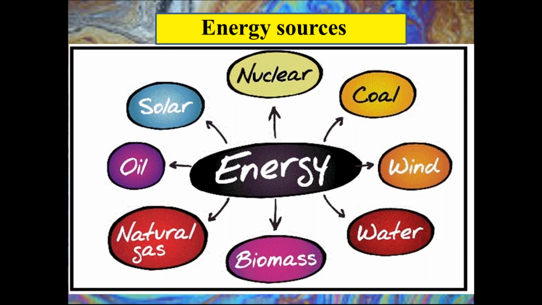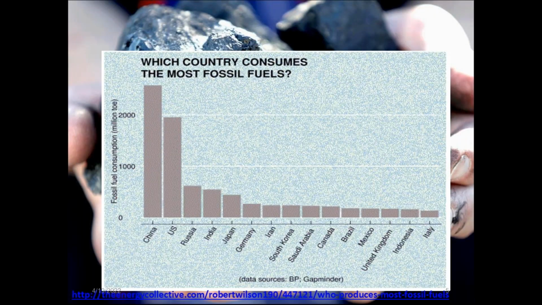So we have a lot of energy sources, which include nuclear, coal, water, biomass, natural gas, oil, and also solar power. But at the same time, we are running short of fossil fuels.